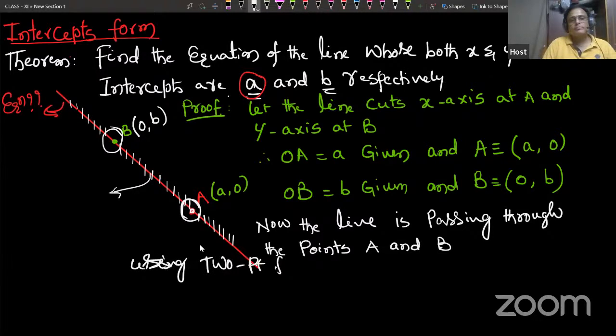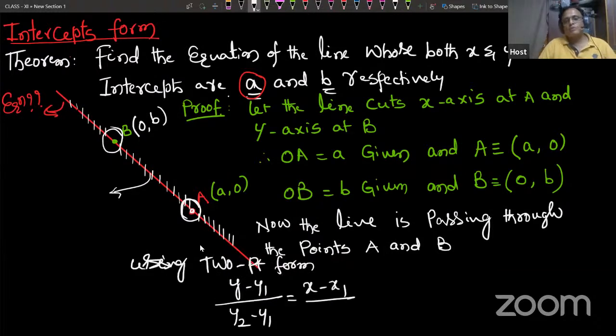What is the formula? Y minus y1 upon y2 minus y1 equals x minus x1 upon x2 minus x1. The first point is A comma 0, which will be referred to as x1 comma y1.